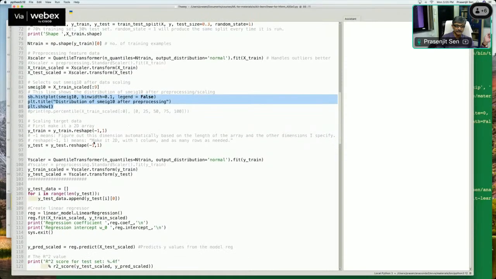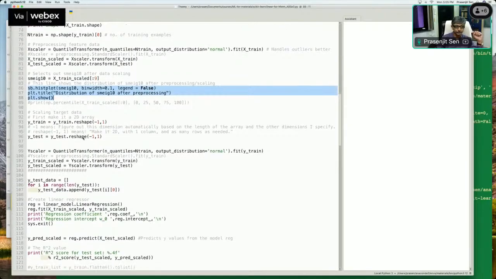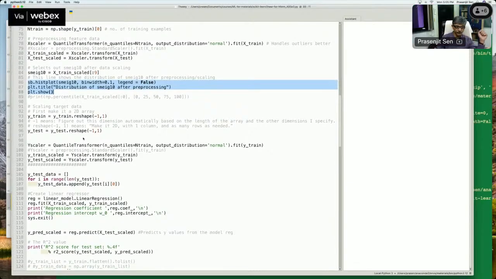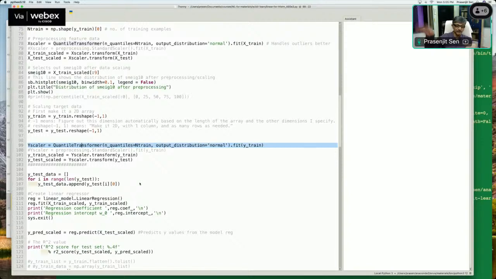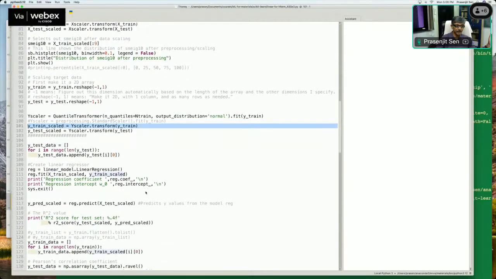And then we will also look at how one particular feature has transformed under this transformation for our understanding. Then we define a scalar for the target variable y, and we scale the target variable also. So far it's reading in data, data pre-processing, understanding your data.